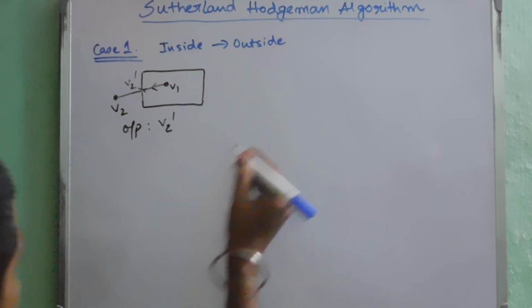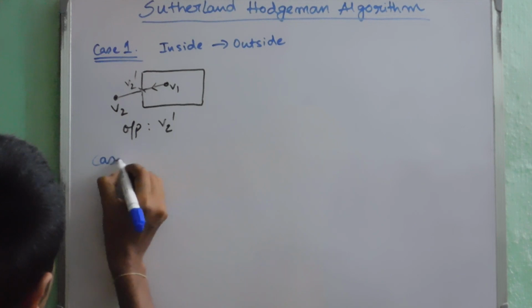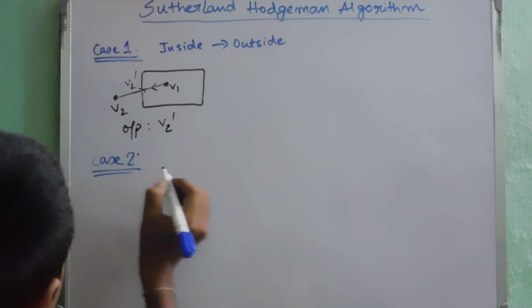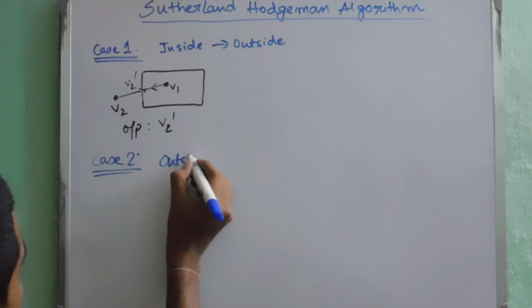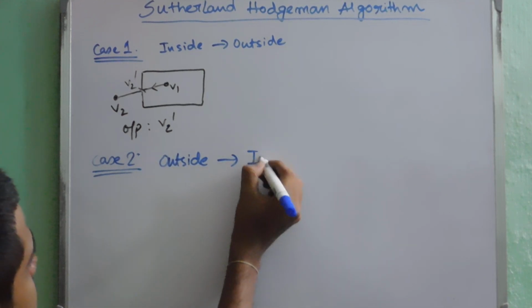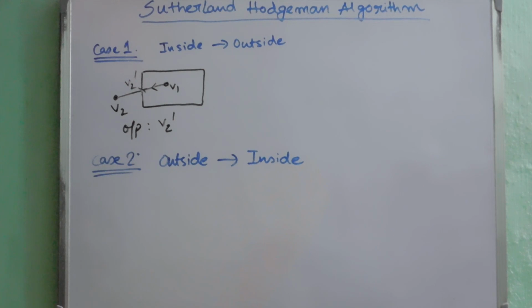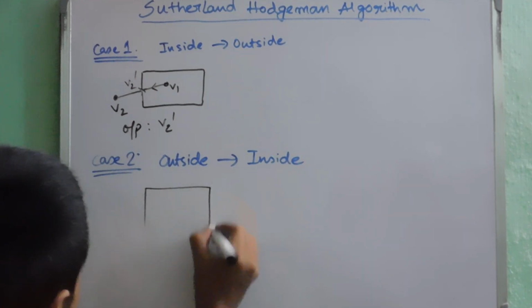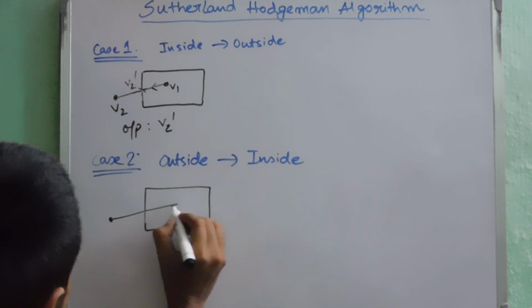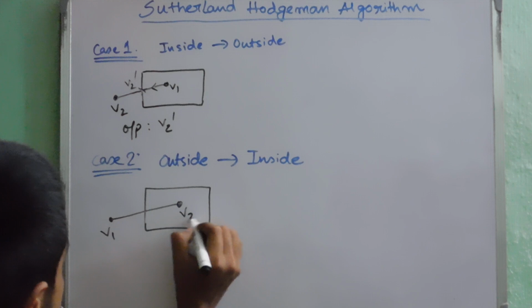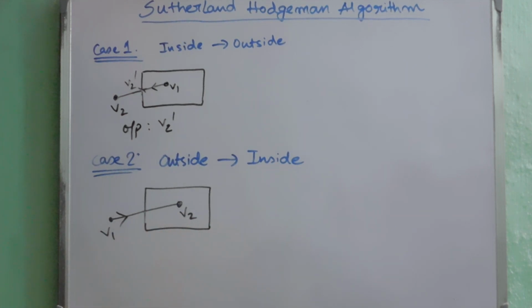The second case, that is case 2. Case 2 is when the edge is from outside to inside. That is, when it is like this. Let's say this is the window, this is the edge, this is V1, this is V2, and the direction is towards V2.